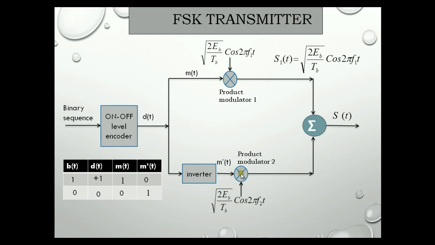So product modulator 2 will multiply this 1 with the carrier square root of 2Eb divided by Tb cos 2 pi f2 t in order to generate the signal s2(t), which is equal to square root of 2Eb divided by Tb cos 2 pi f2 t. So this is how the FSK signal is generated.